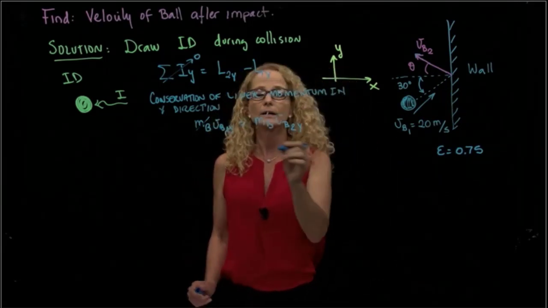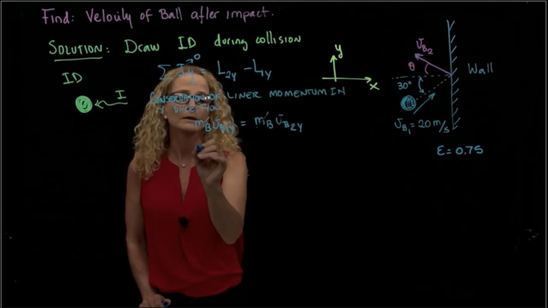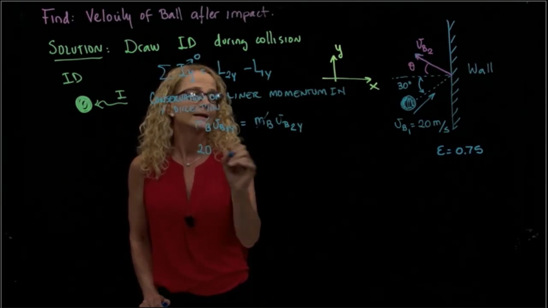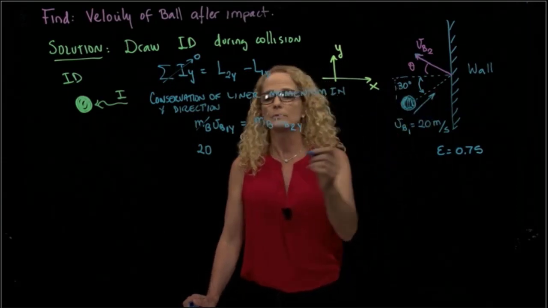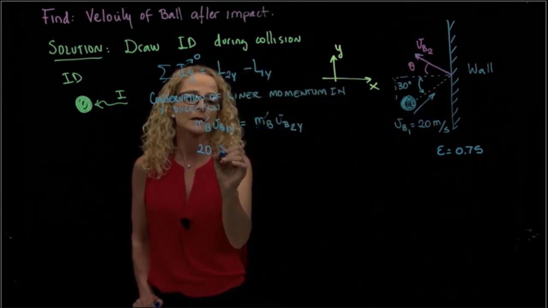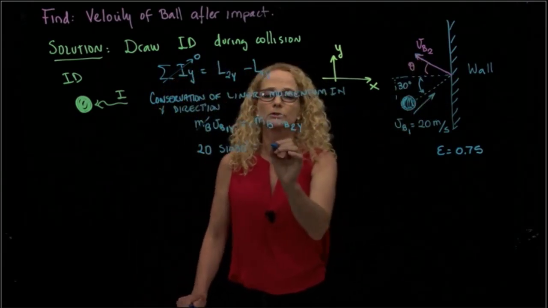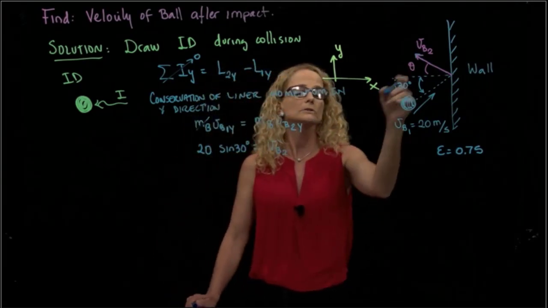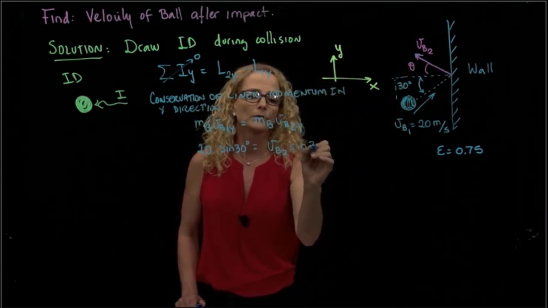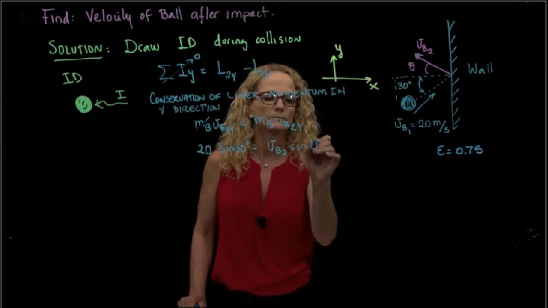So for the y direction, the velocity of 1 is given, so that will be 20. In the y direction, we have to project that, and this will be 20 meters per second times sine of 30 degrees, and that will be equal to the velocity, which is not known, in the final direction times sine of theta, which is unknown.